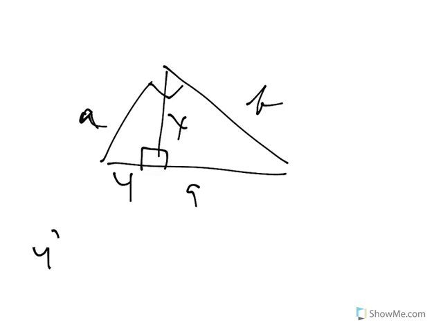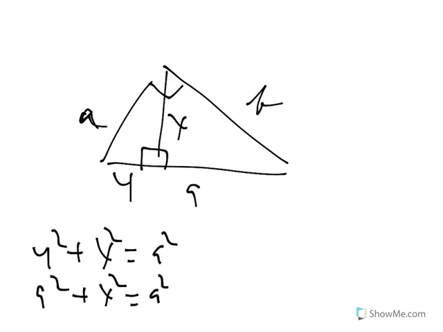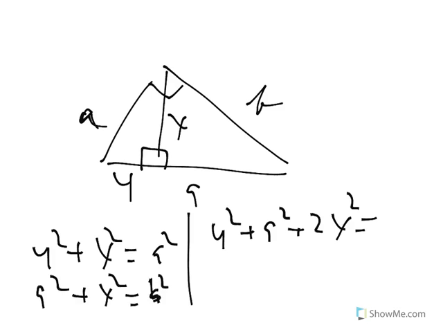So we would say 4 squared plus x squared equals a squared, and 9 squared plus x squared equals b squared. If I add these together, I get 4 squared plus 9 squared plus 2x squared equals a squared plus b squared.